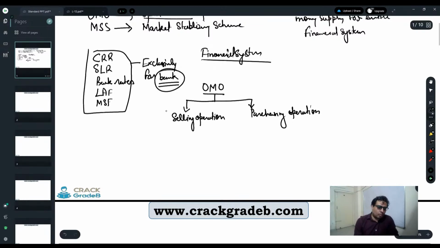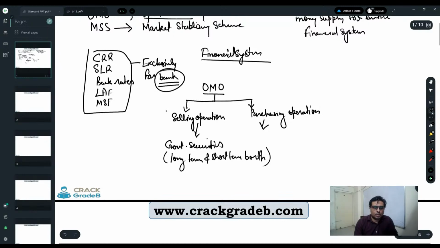Now, what is RBI selling and what is RBI purchasing? RBI is not selling or purchasing anything except government securities, long term and short term both. So RBI goes for selling operations and purchasing operations.